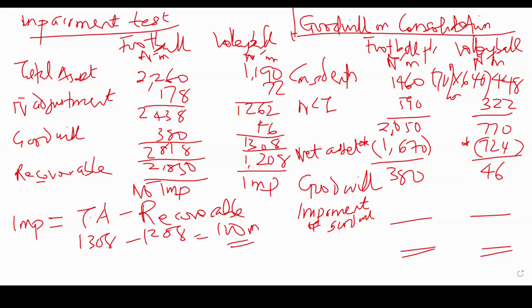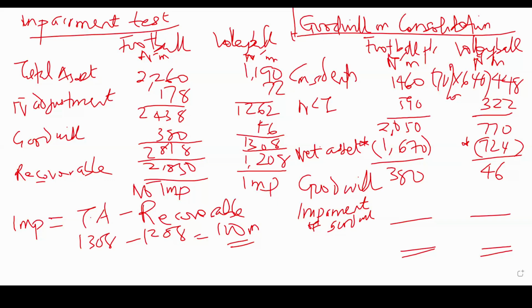Now, you must also not forget that this 100 million applies to intangible assets. How do you allocate this 100 million? You must never forget, you will first of all allocate to goodwill, if anything like that exists.